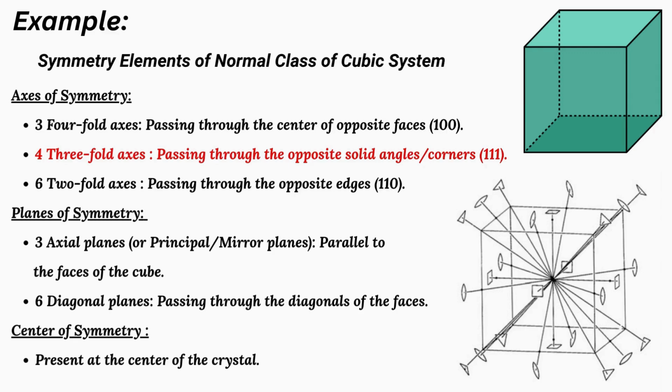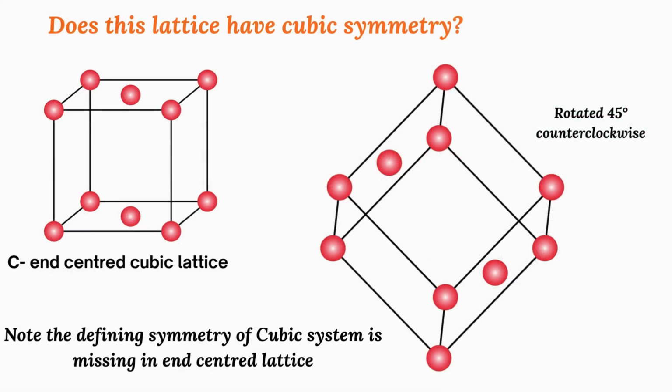So all the classes in the cubic system must have 4 axes of threefold symmetry. Since it's a defining symmetry, it must be present in all the classes of the cubic system. Similarly, as we saw in the earlier slide, the same defining symmetry must be there for the respective classes of that particular system. In this lecture, we are going to see why there are empty boxes.